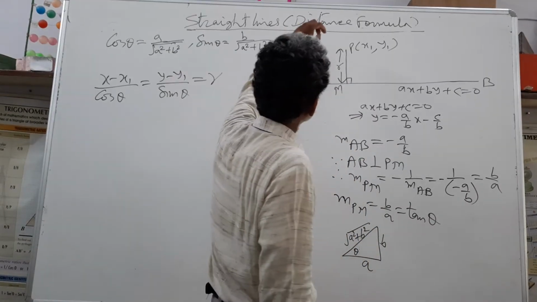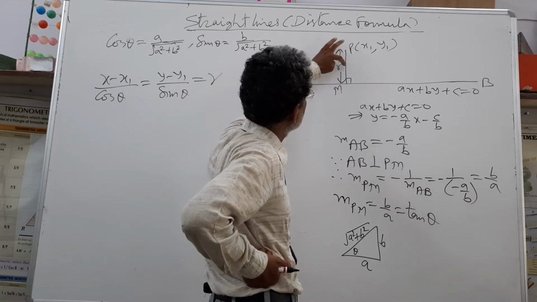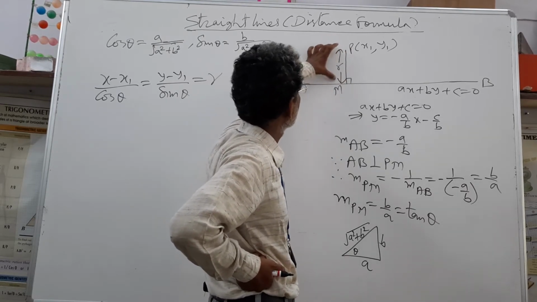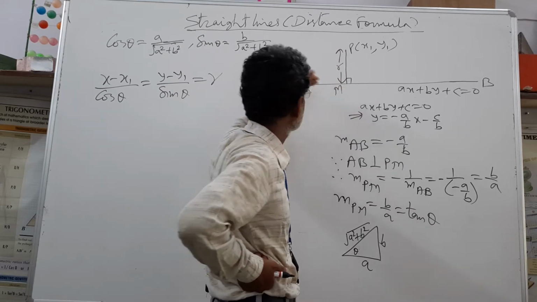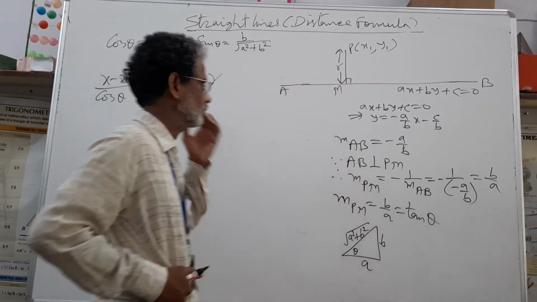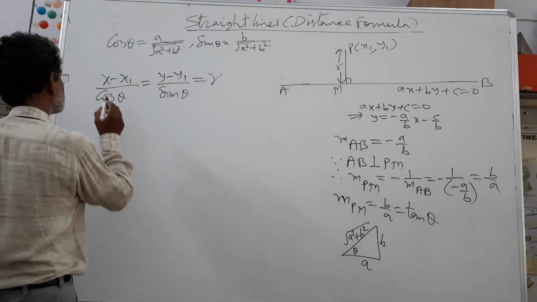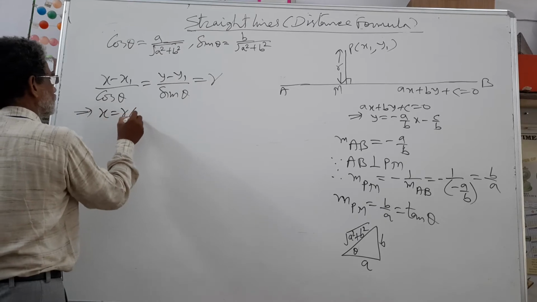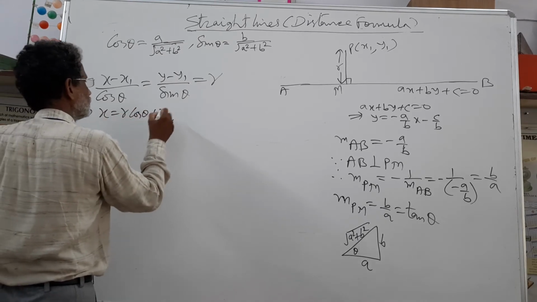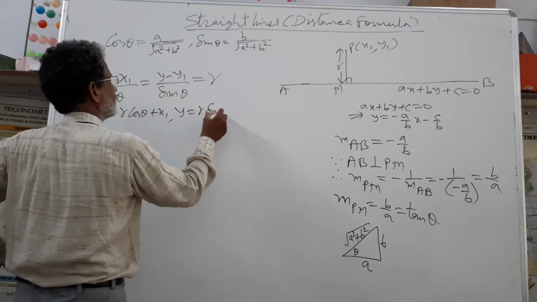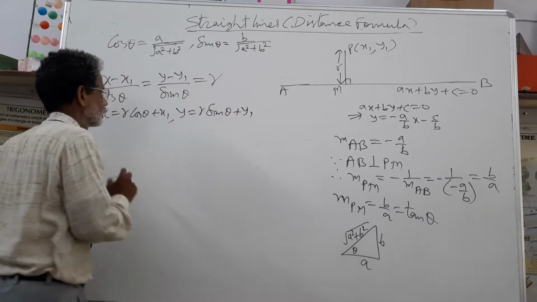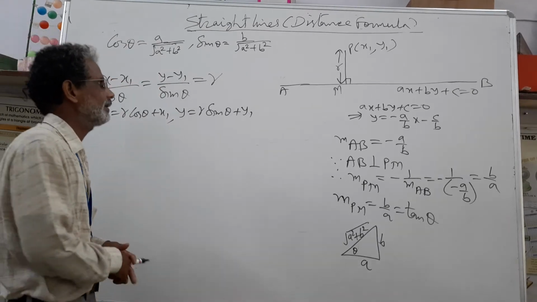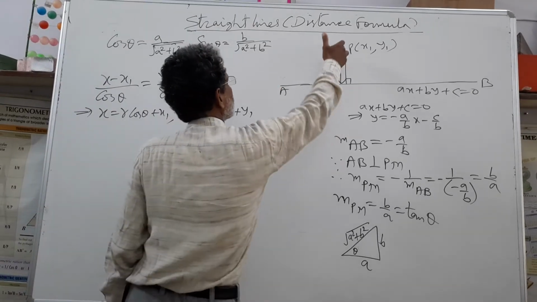And when traveling from P we reach M, for that r the coordinate of M satisfies AB. This implies x is equal to r cos theta plus x1, y is equal to r sin theta plus y1. These x and y are the general coordinates of any point on PM.